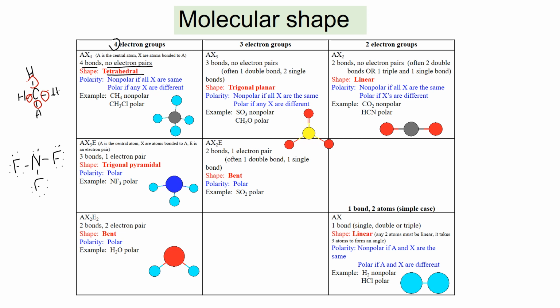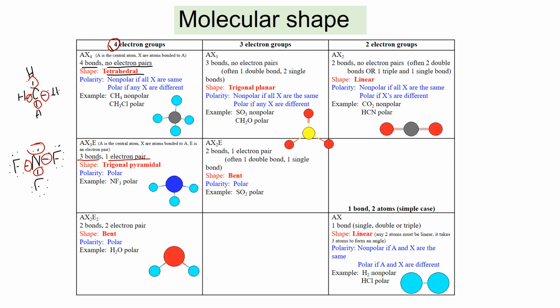Let's circle these again. We have a bond, a bond, a bond, and an electron pair. So again, we have 4 electron groups. This time, 3 are bonds, and 1 is an electron pair. So you see 1, 2, 3 bonds, 1 electron pair.